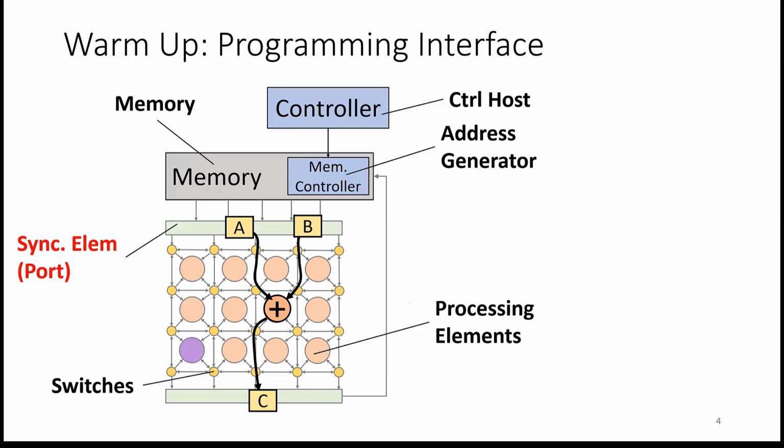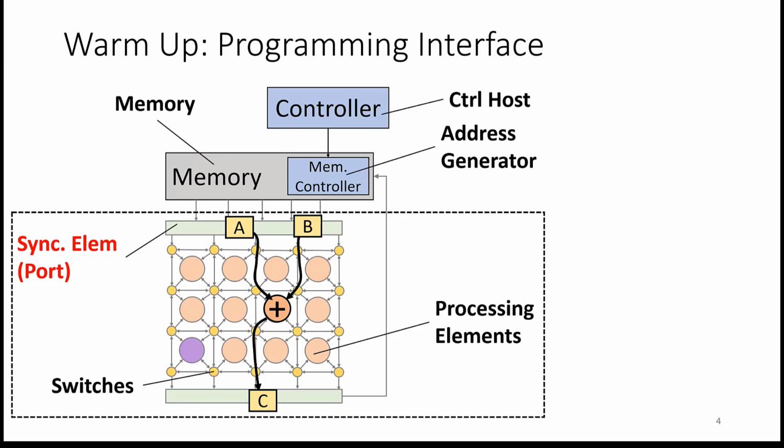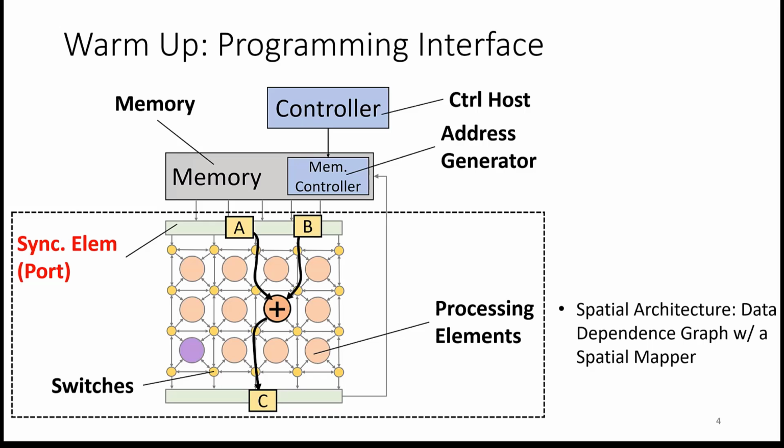Since we have a decoupled execution model, we also need a decoupled programming interface. First, we need a representation to describe the data dependence graph. And then we need a compiler that automatically maps this graph onto the spatial architecture.